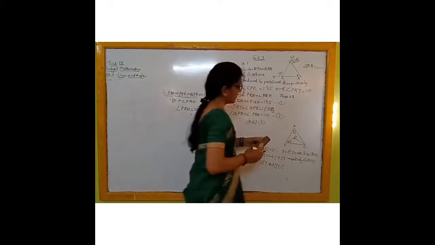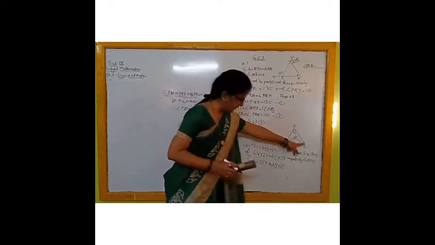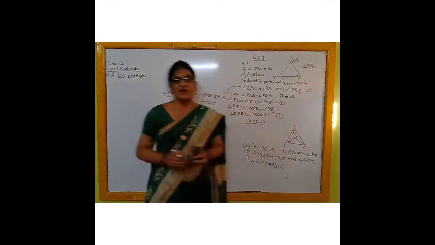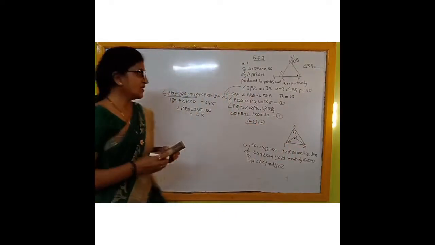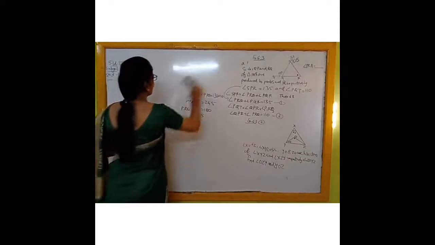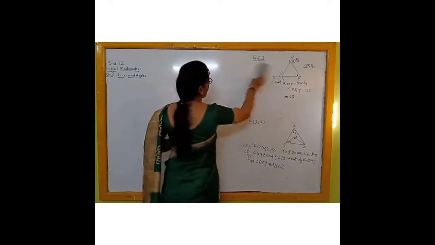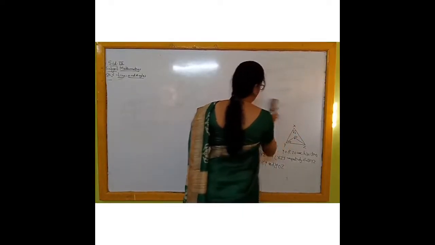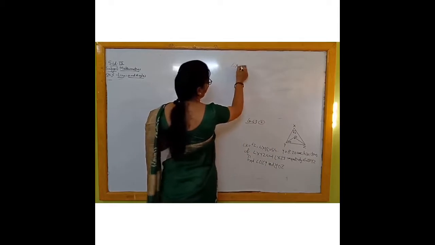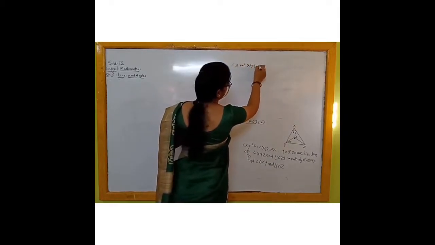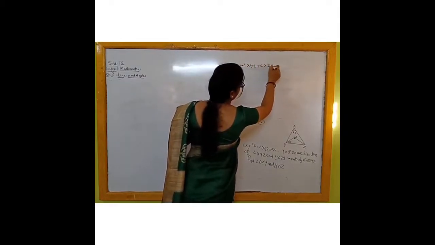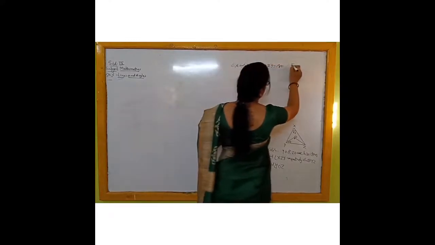So what will you do? First we will find the measure of angle XZY. For that we will use Theorem 6.7. What is the statement of the theorem? The sum of the measures of all three angles of a triangle is 180. So angle X plus angle XYZ plus angle XZY is equal to 180.